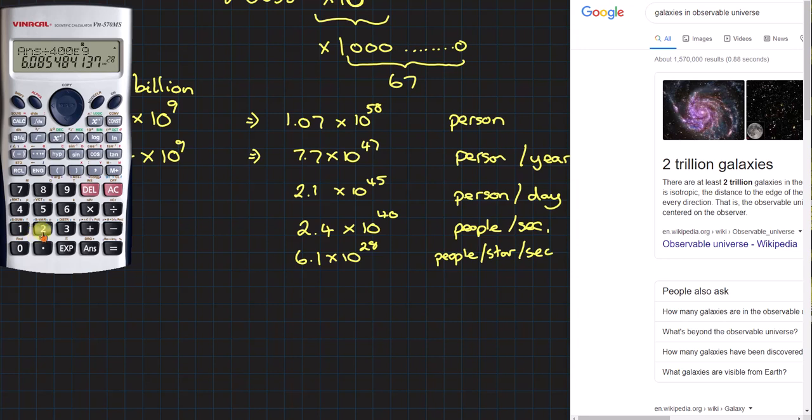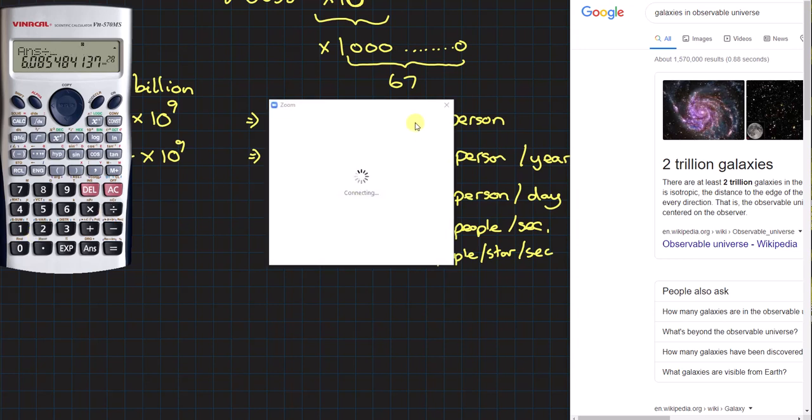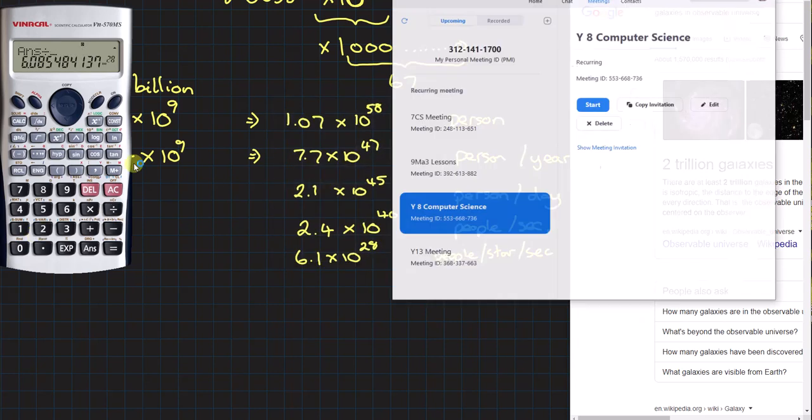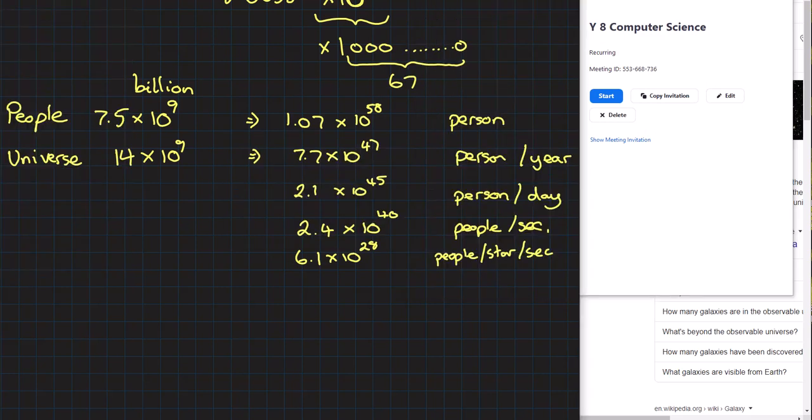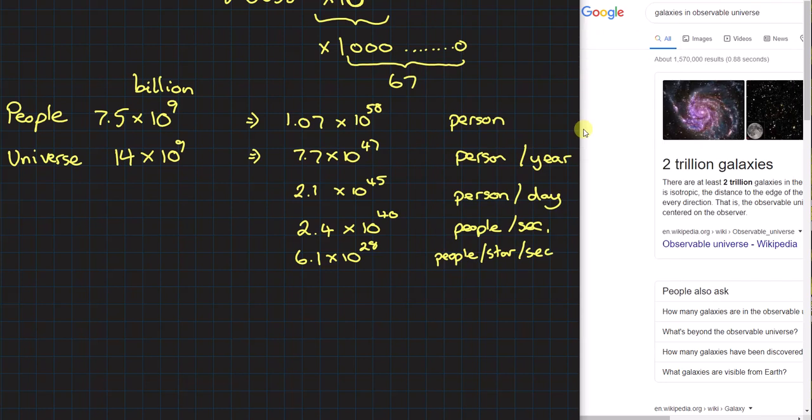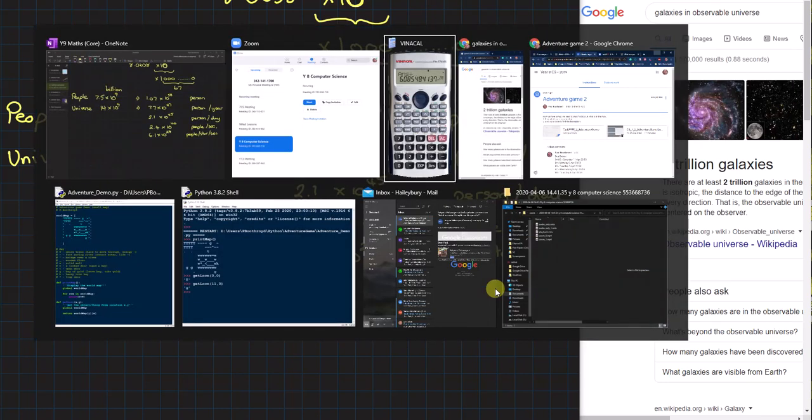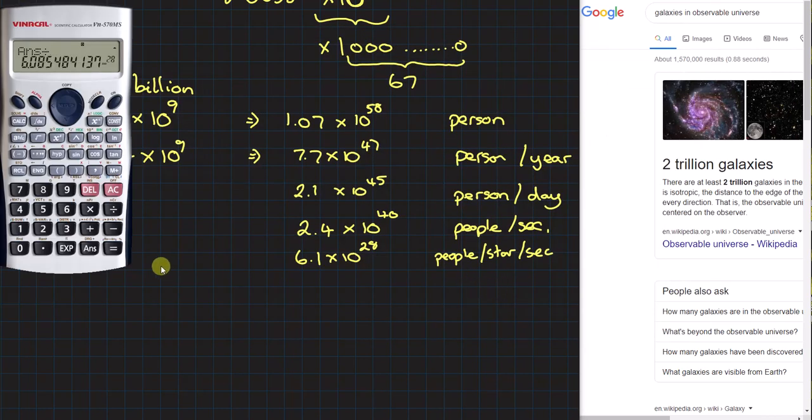So we need to divide by 2 trillion, that's 2 times 10 to the power of 12.